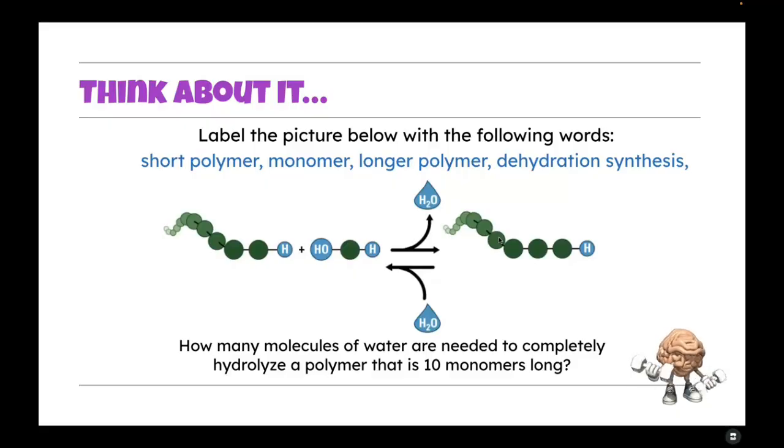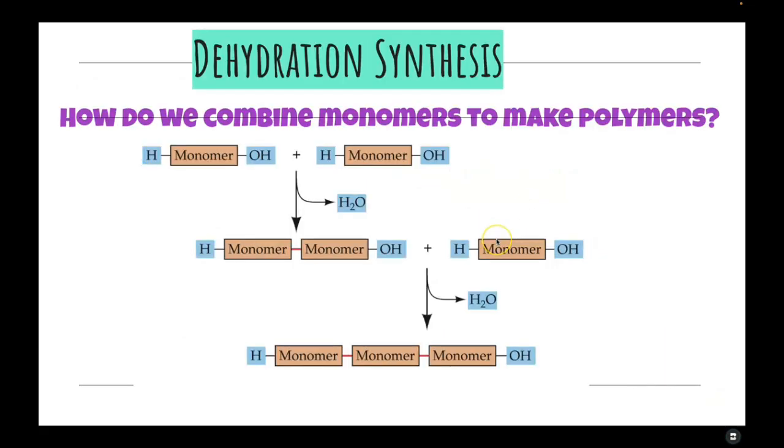So you have 10 monomers, so just subtract 1, and you're going to need 9 water molecules. All right, and so here you could see that you need water for each bond.